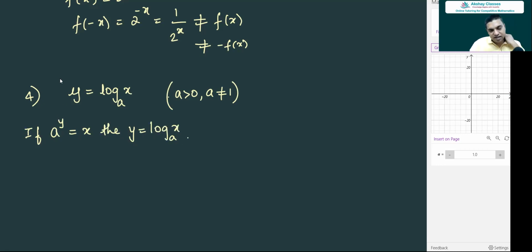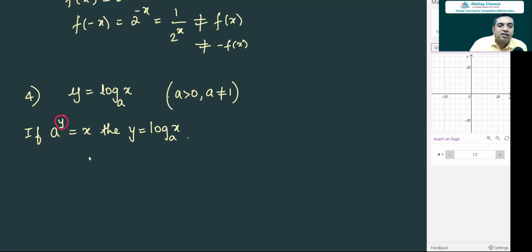So why this? When you raise a number a to a power y, you get a value x. So we say the reverse is: log of x to the base a is this y. This exponent is log of x, the right hand side, to the base a.